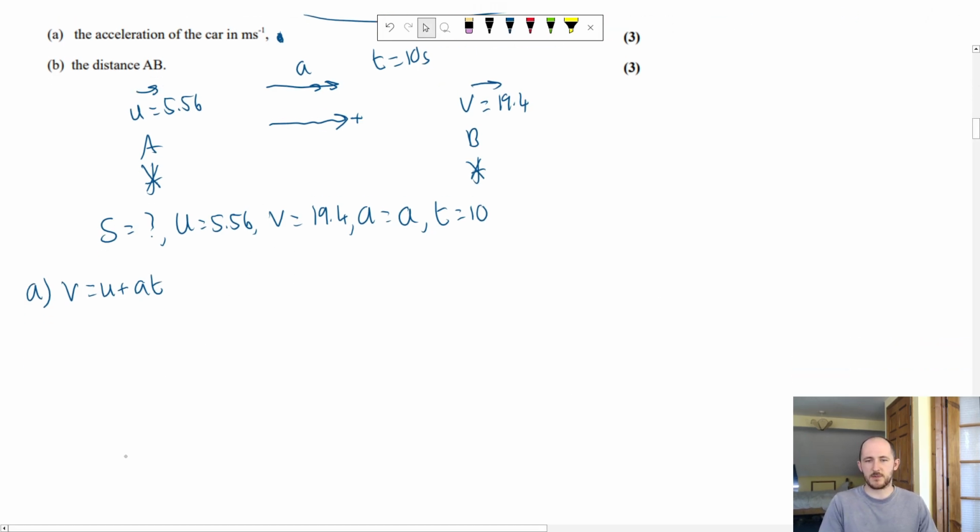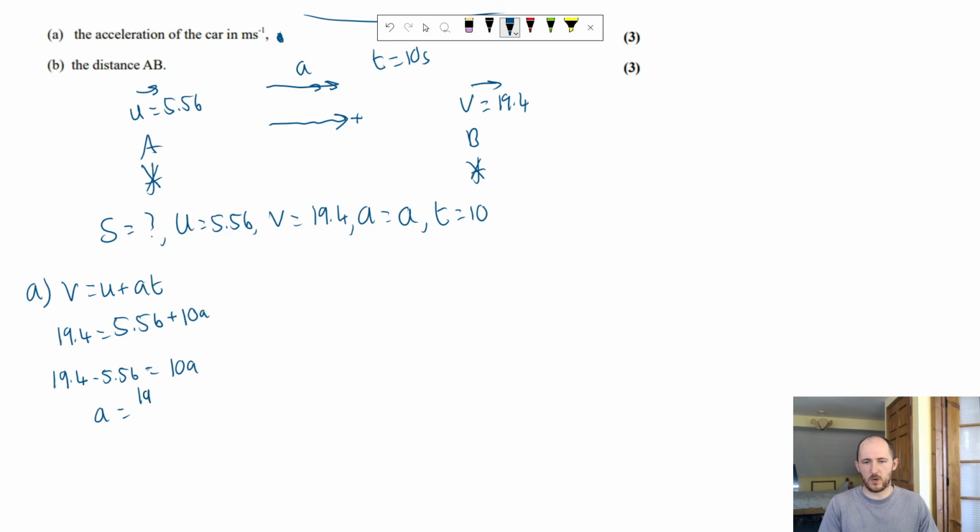So let's sub in the values. We get 19.4 equals 5.56 plus A times 10. So I'm just going to call that 10A if that's okay. Because again, T is 10, A is A. So we've got that. Then minus 5.56 from both sides. I'm a little bit lazy, so I like to just leave it like this, equals 10A, and then divide both sides by 10.